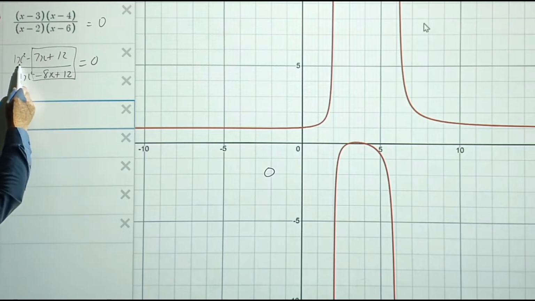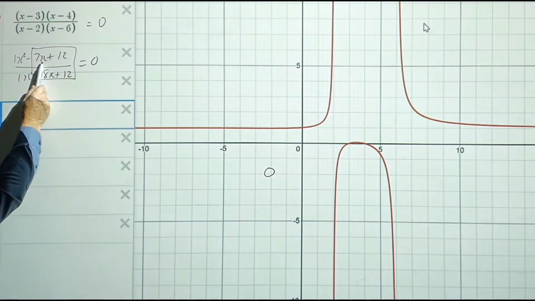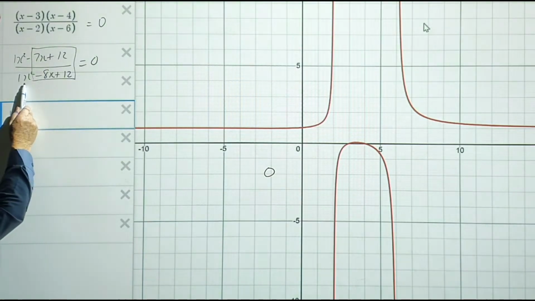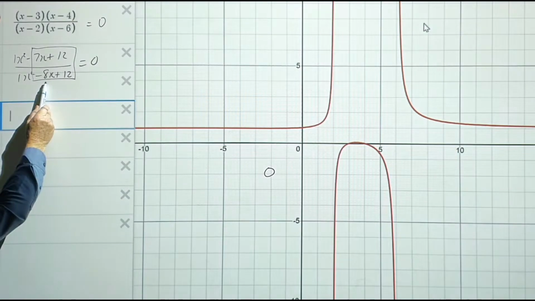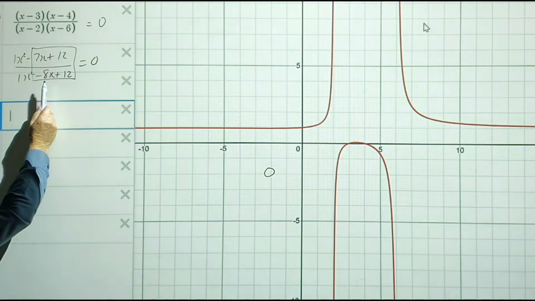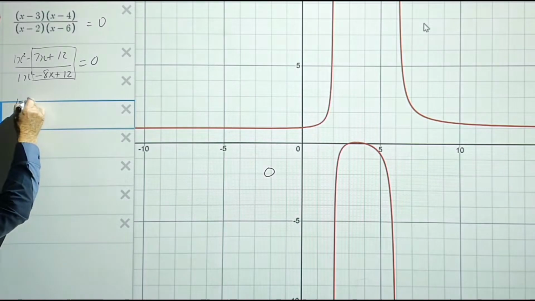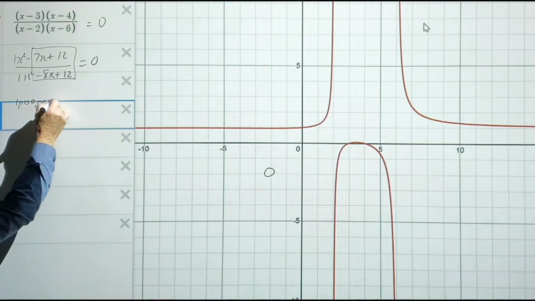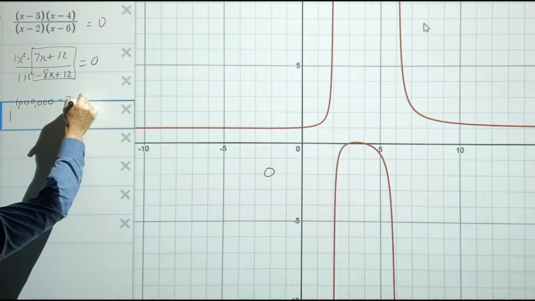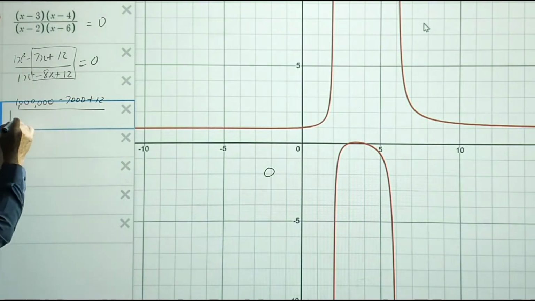Because if I put 100 in there, 100 by 100 is 10,000, but you're only subtracting 700. And if I put 1,000 in there, I'd have 1,000,000 minus 7,000 plus 12, whereas the bottom will be 1,000,000 minus 8,000 plus 12.